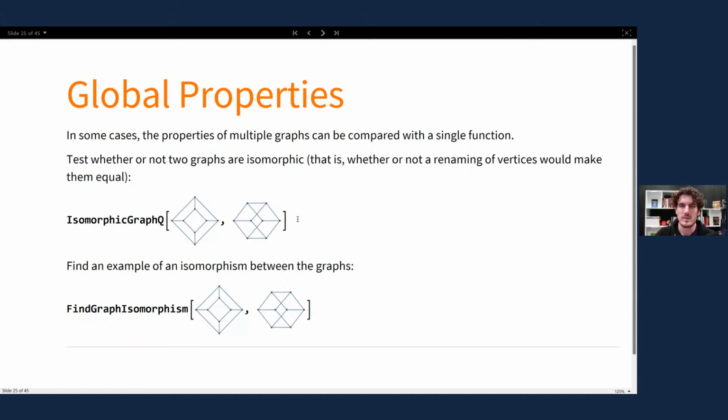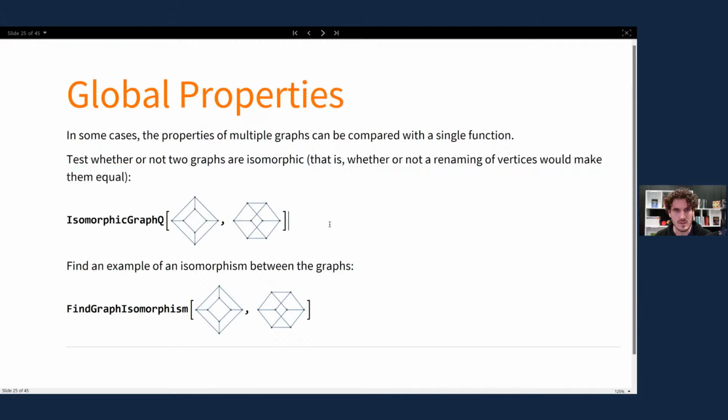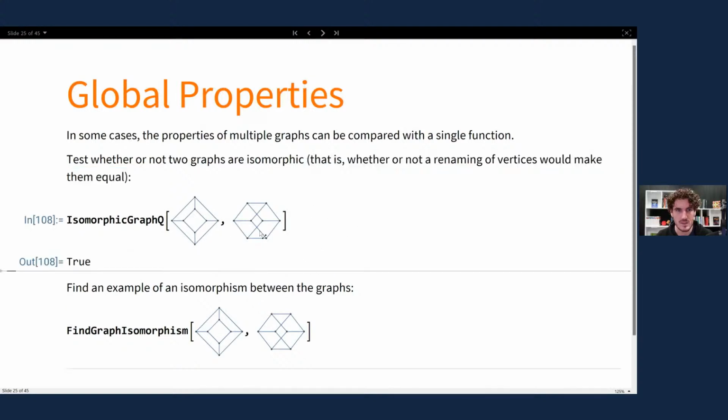But yeah, whether two graphs are isomorphic is really just, does a renaming of vertices make them the same thing? So these two graphs are isomorphic because just because these two edges are crossed over, they could just as easily be not crossed over and we'd have the exact same graph.